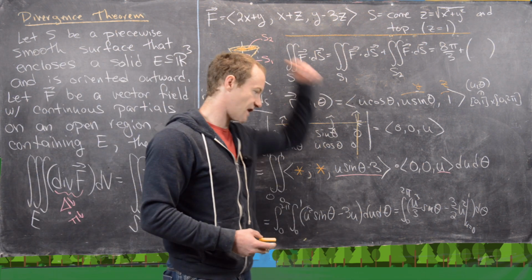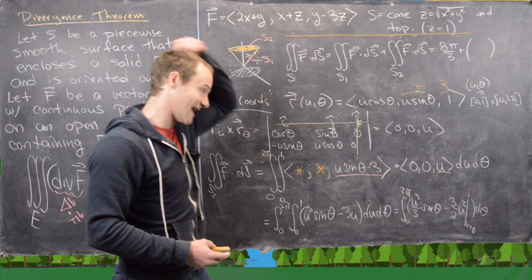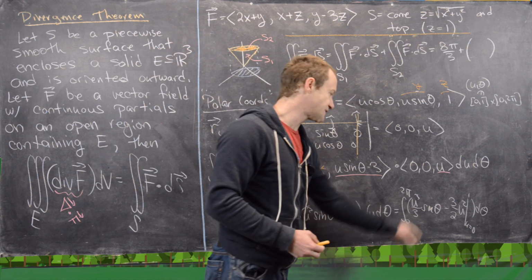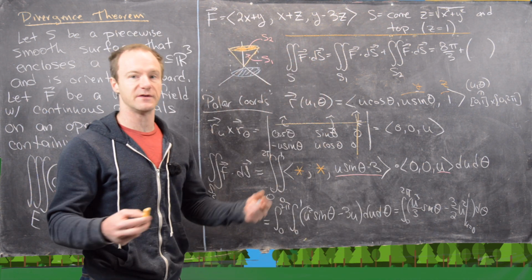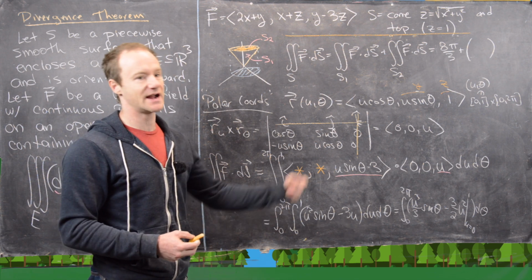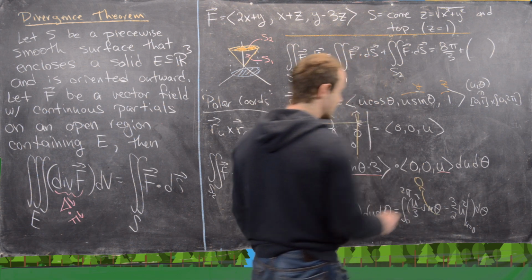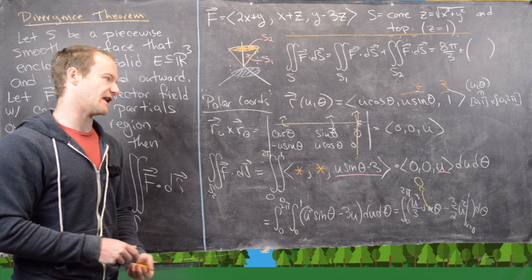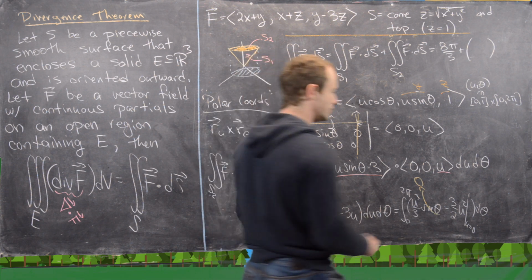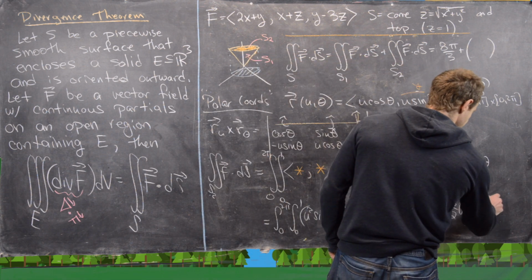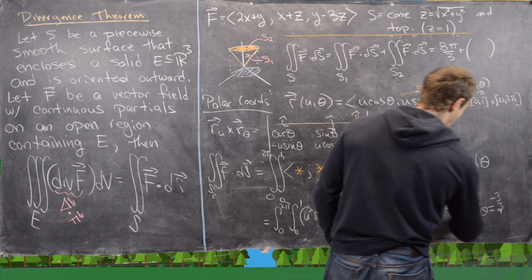I want to notice first off that in this case, once we get around to the theta integral, we're going to be integrating sine over a whole period, which makes this sine part 0. So all we need to do is this in the end, which is going to be minus 3 halves.